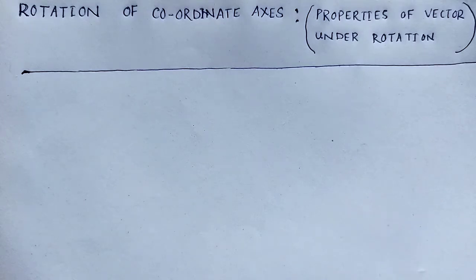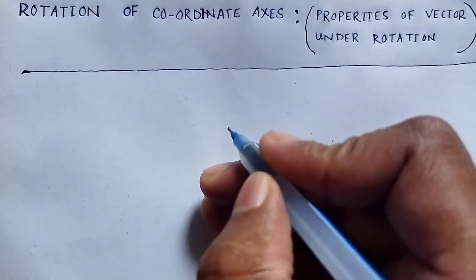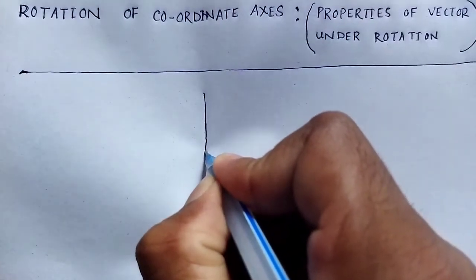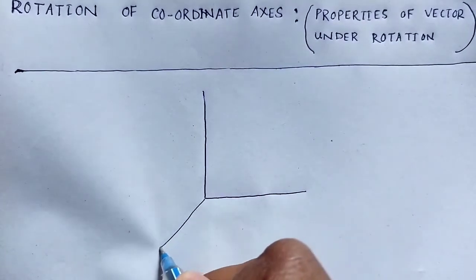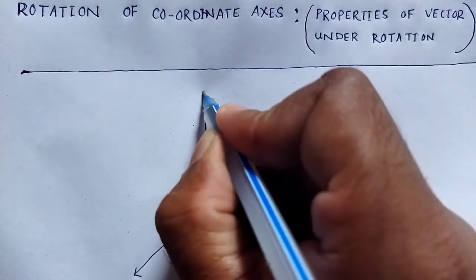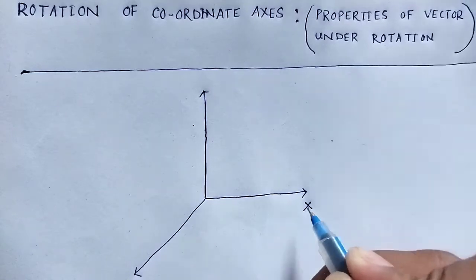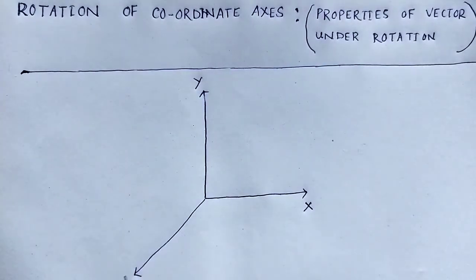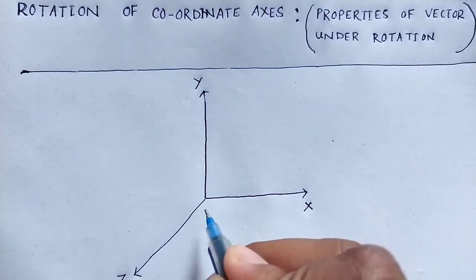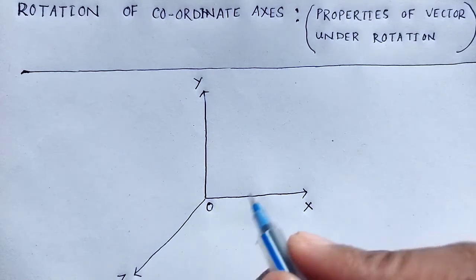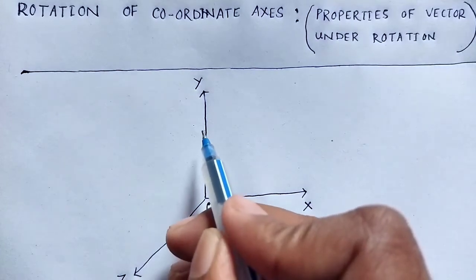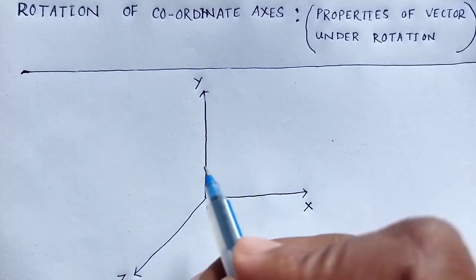Let us consider the three-dimensional Cartesian coordinate system x, y, z. Let the rotation be around the z axis, the origin O, that is, x, y coordinates are rotated counterclockwise.